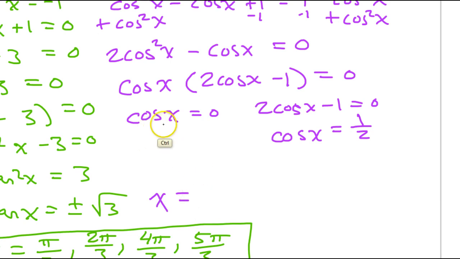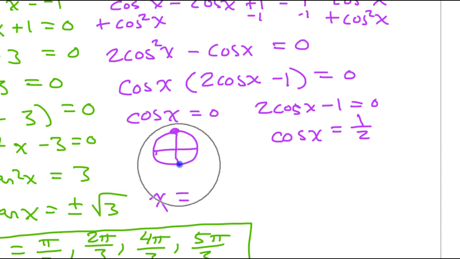First of all, where is cosine equal to 0? Okay, here's a little diagram of a unit circle. Cosine is an x value. X values are 0 here and here. Okay, so that is pi over 2 and 3 pi over 2.